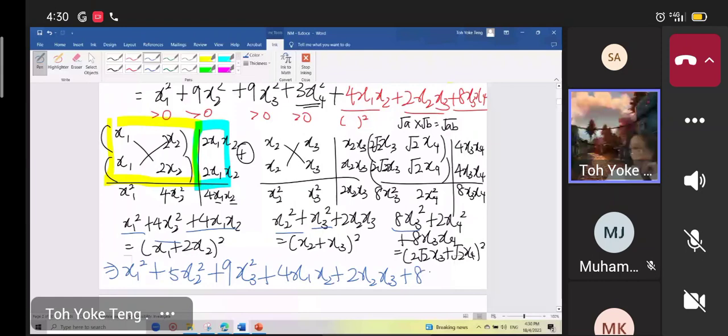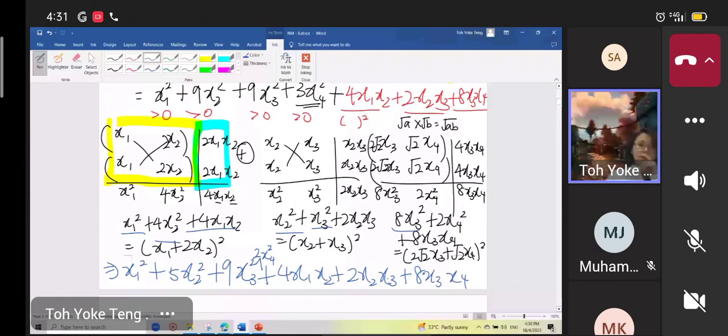And then this one, missing one term here, so this one plus 2x4 squared plus x3 x4.